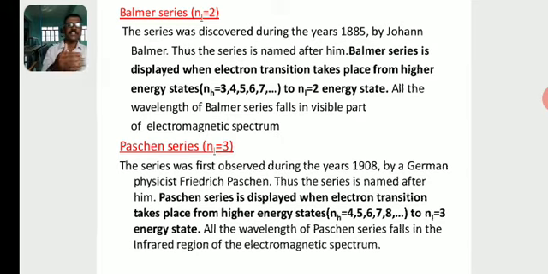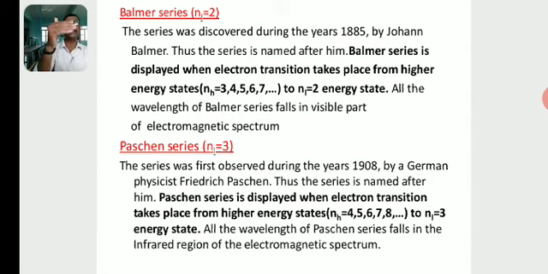If the electron jumps from third orbit to second orbit, it is called H alpha line. If electron transits from fourth orbit to second orbit, the spectral line obtained is known as H beta line.